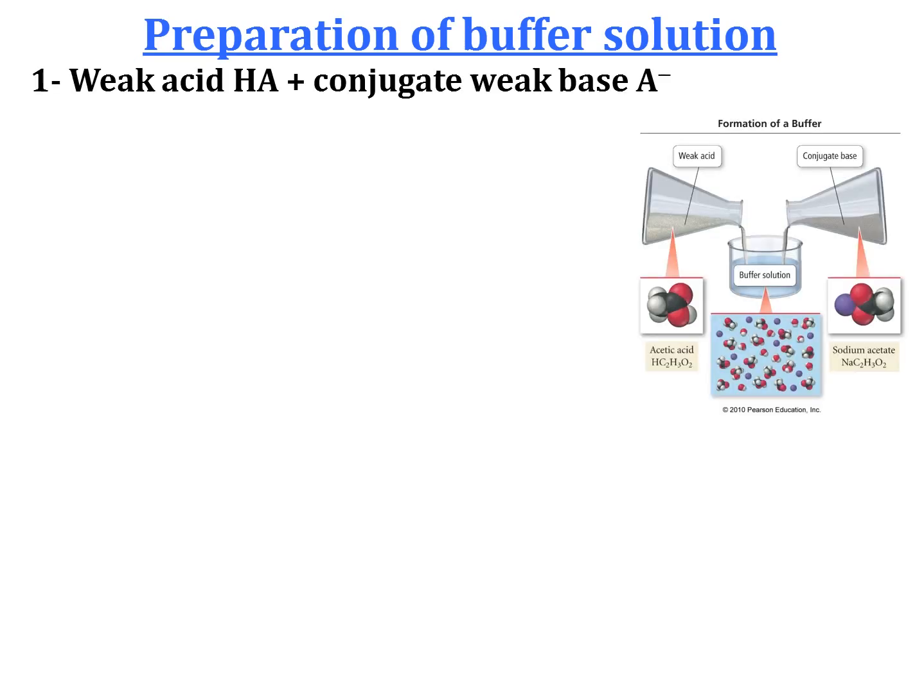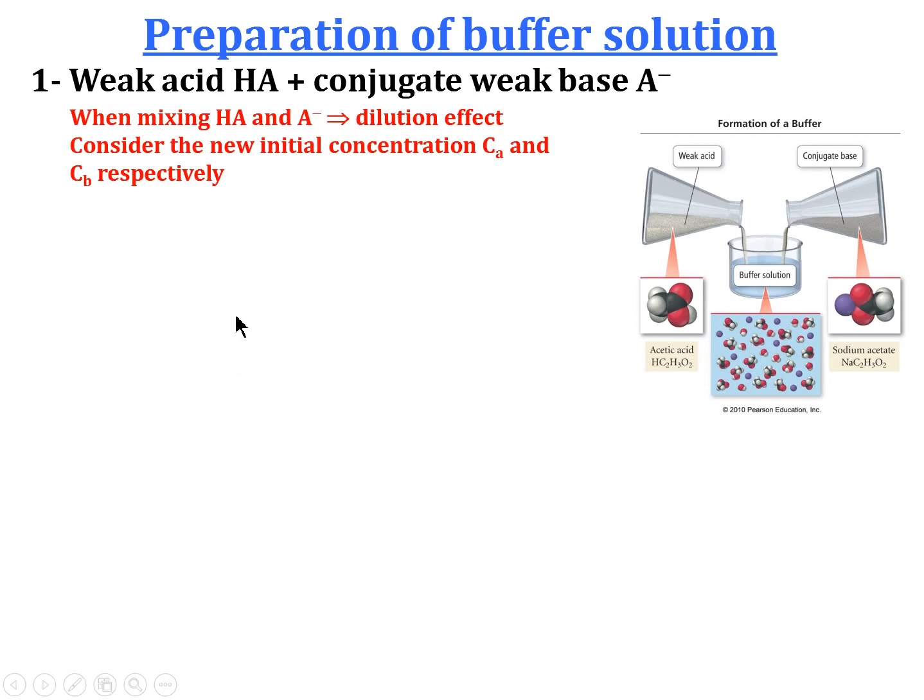Method 1 is to mix the weak acid HA directly with its conjugate base A-. Pay attention when mixing HA and A-: we have a dilution effect, so we have to consider the new initial concentrations in the solution. We note them Ca and Cb respectively.